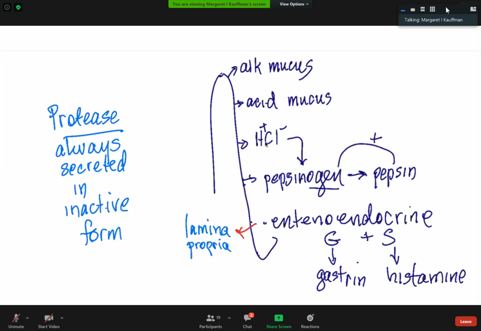So by secreting it in an inactive form and then activating it outside in the lumen where either HCl is present to do it, and then eventually the chyme, the stuff you've eaten, the food, is there to act on, hopefully you'll lower the amount of self-digestion that's going on.